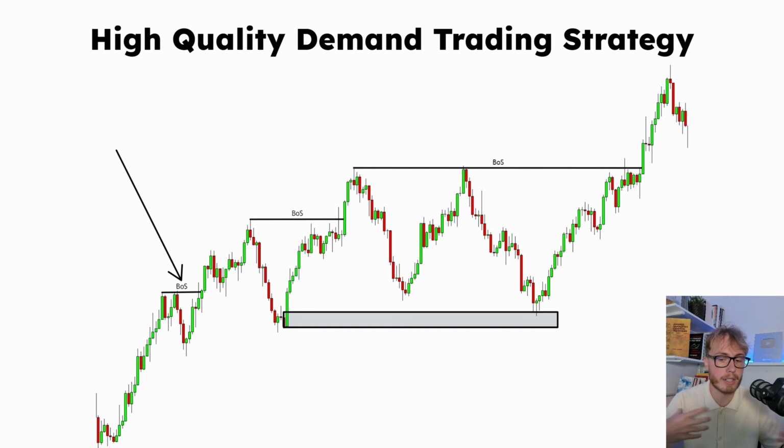And here there are quite a few different methods, but let's take a look at a very simple way of doing this. So the entry point is pretty straightforward. You can enter at the candle close of the candlestick pattern or candle that confirms the demand zone.